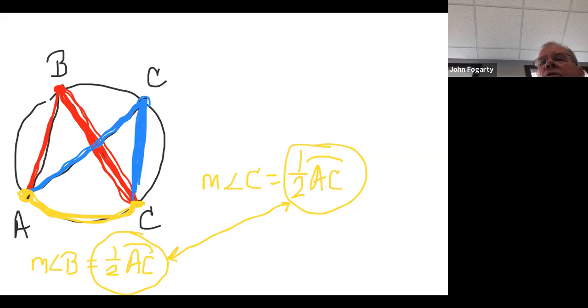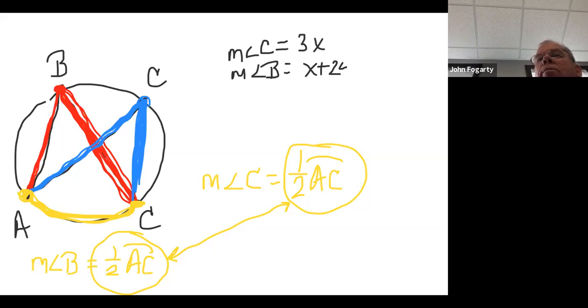So if I tell you something like this, the measure of angle C equals 3x. The measure of angle B equals x plus 24.